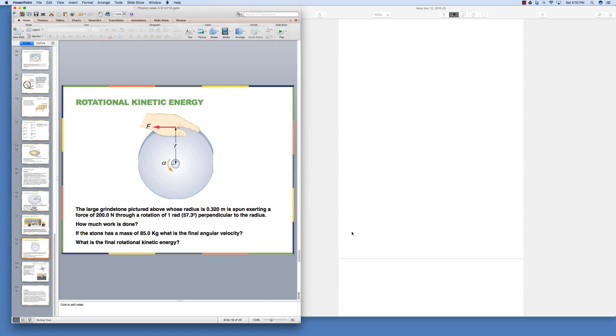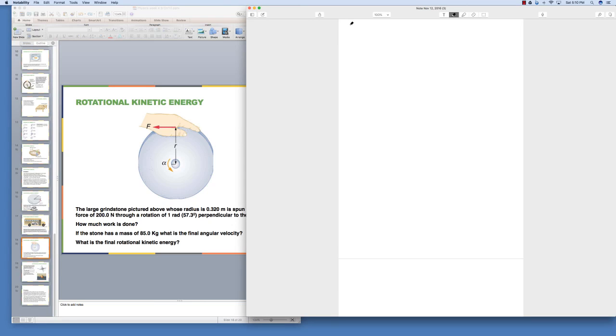Now let's take a look at how to do this problem. First of all, we have to write down what we know. And we know that the grindstone has a radius of 0.32 meters, and it has applied to it a force of 200 newtons over an angular distance of 1 rad.